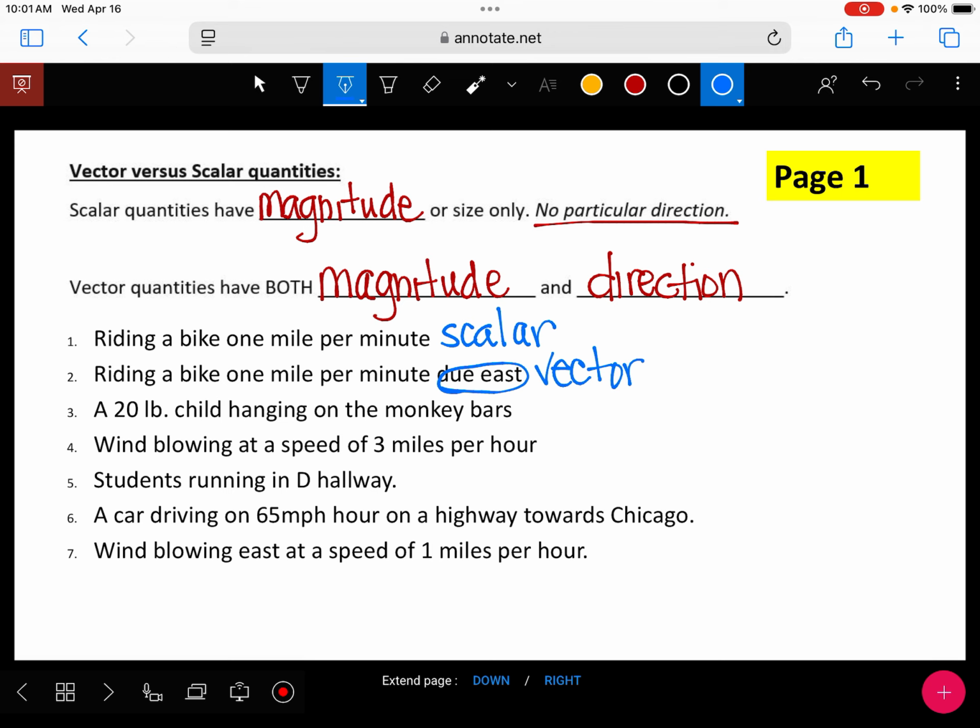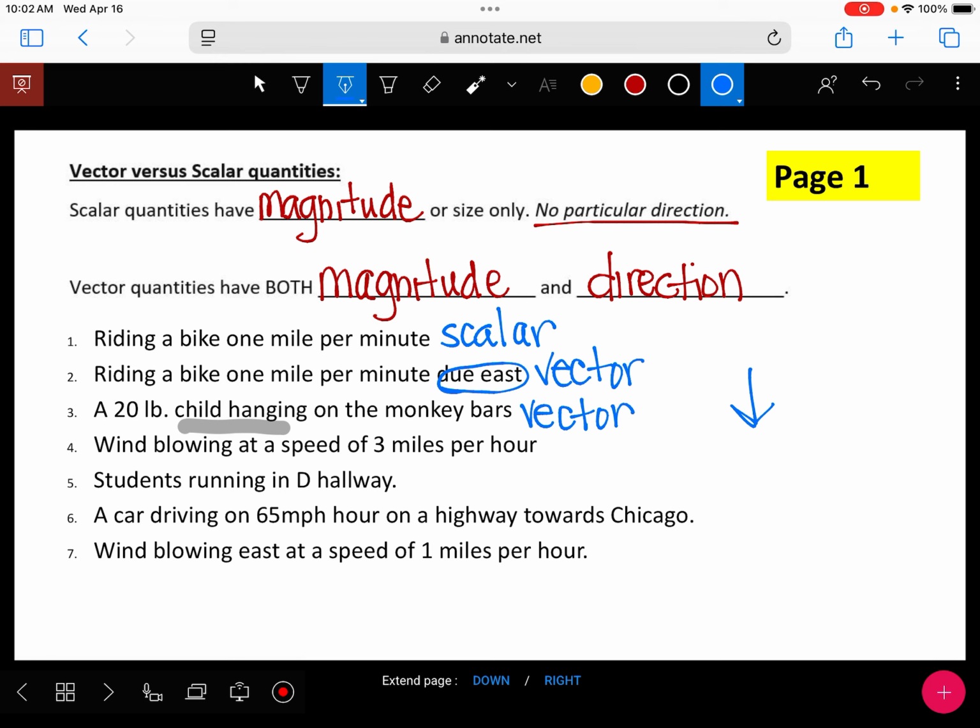Number 3, a 20-pound child hanging on the monkey bars. Well, that would be a vector. And the reason why it's a vector is because we know that gravity, if you're hanging, you can only be going one direction, which is down. So number 3 would be a vector.